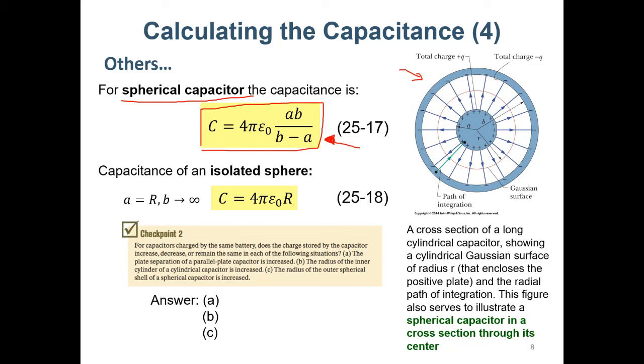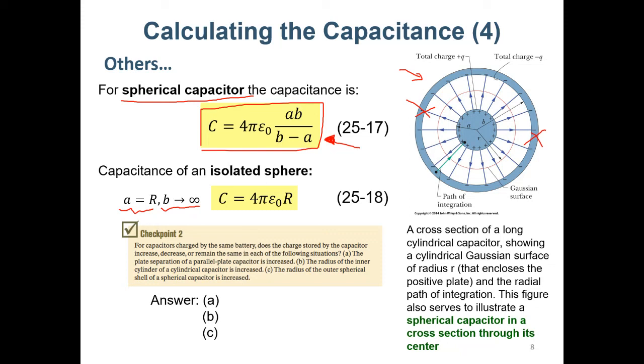And there is a special case for these spherical capacitors, where we make b infinitely large, which means that we can just remove the outer shell, and then we make a to be capital R, which means that we only have a ball inside, and then it can be regarded as a capacitor.